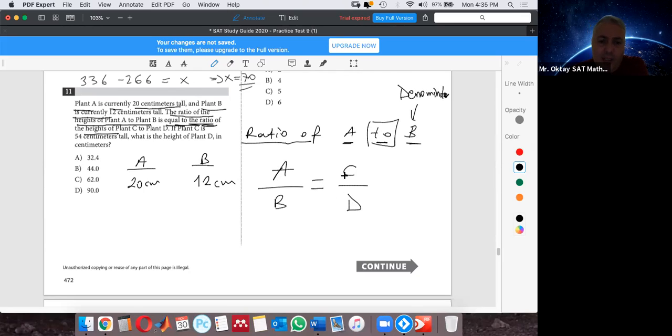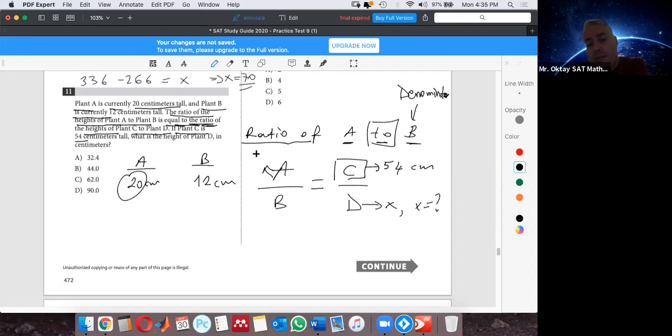Till here, any question? Ratio of A to B is equal to the ratio of C to D. It says C to D, right? Okay. Till here, do you have a question? If plant C is 54, put 54. Now this is 54 centimeters. What is plant D? This is now X. Question, find X. Now, what is A? 20.